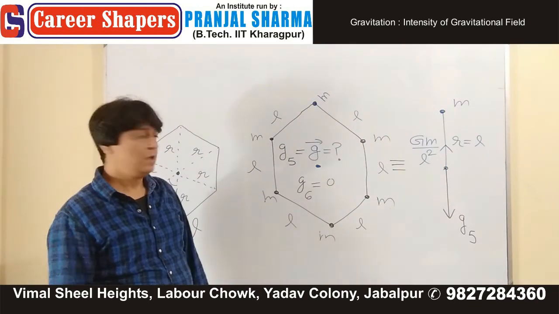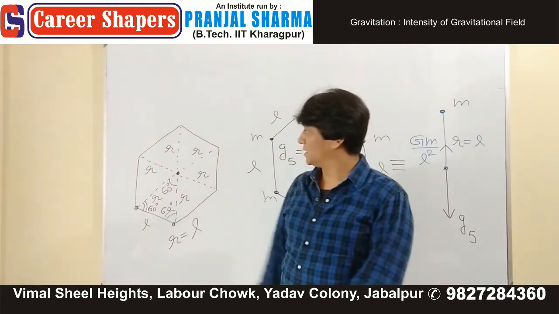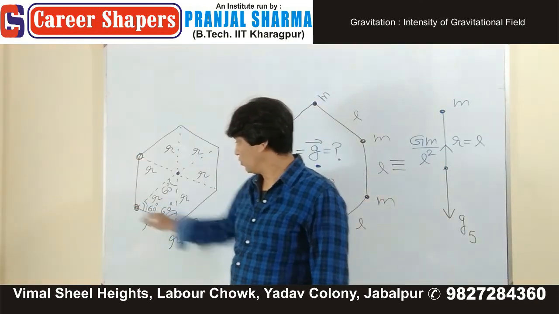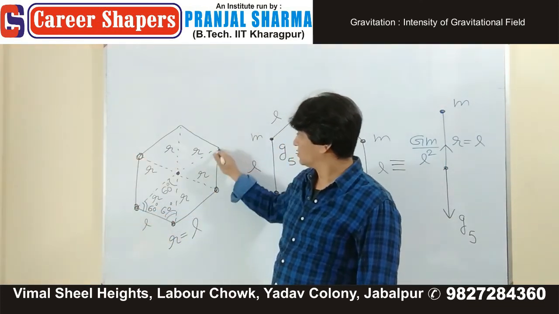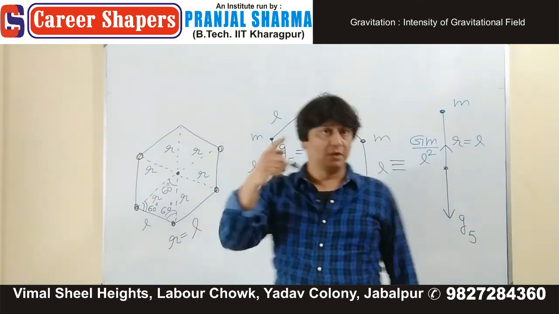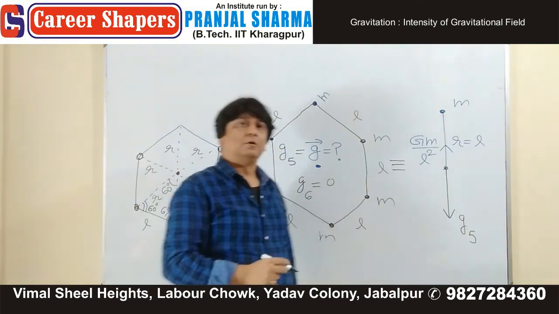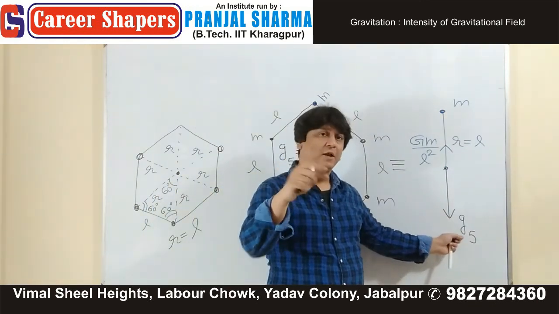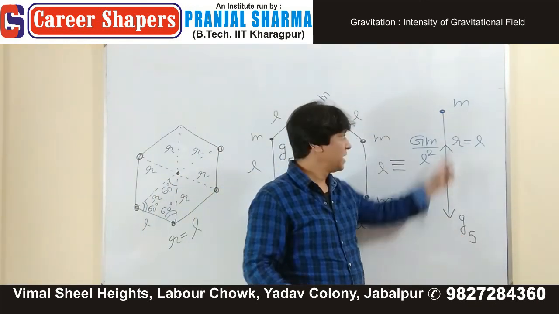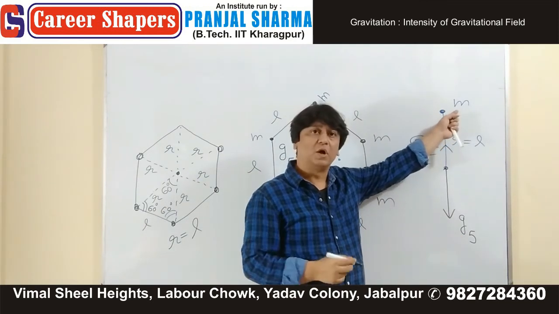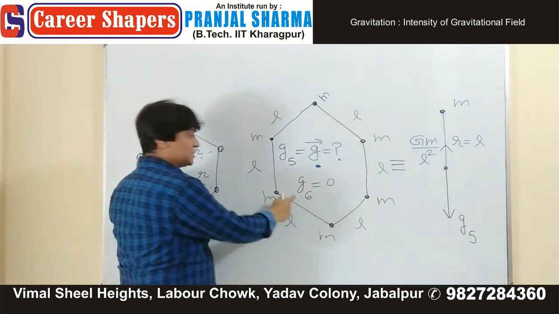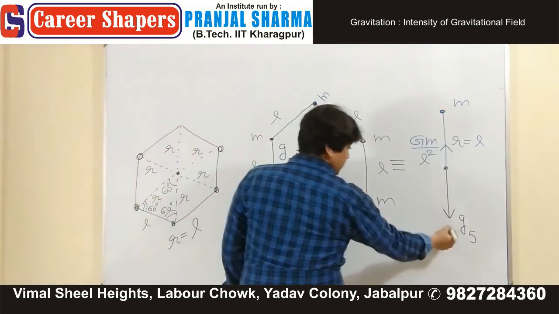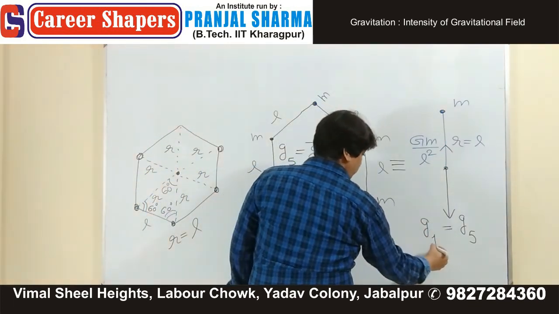अपने से क्वेश्चन में क्या पूछा गया था? अपने से क्वेश्चन में पूछा गया था that we have masses present only at these positions. This place was empty. पूछा किससे गया था अपने से? 5 का. लेकिन वो 5 किसके बराबर दे रहे हैं? A single one. जो G अपने से 6 का पूछा, 5 का पूछा गया है, this G of 5 is basically equivalent to G of 1 only.